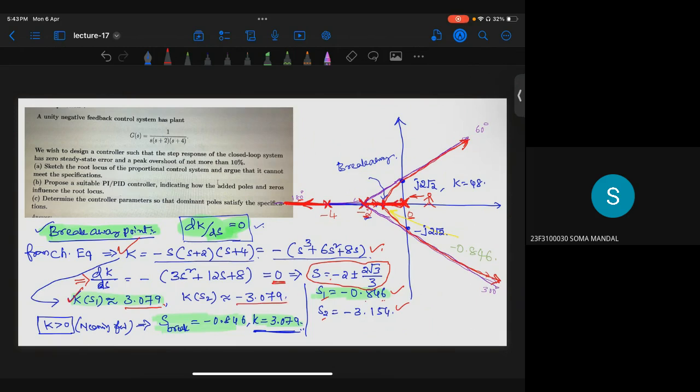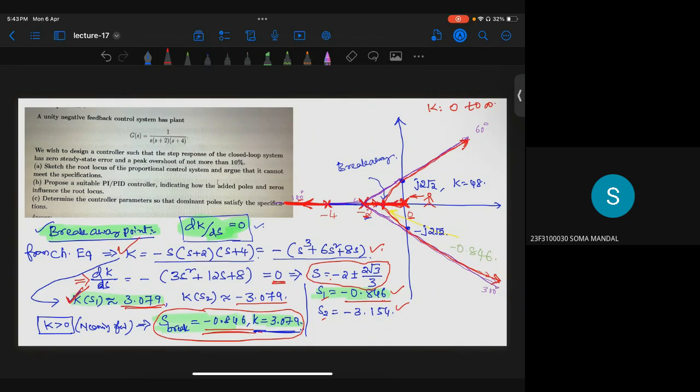But here we are looking for k varying from 0 to infinity, so we always expect k to be positive. Hence, this is the meaningful value, k greater than 0. So at that stage, the corresponding s will be minus 0.846 and the corresponding k is 3.079. This is the combination. Is this clear?